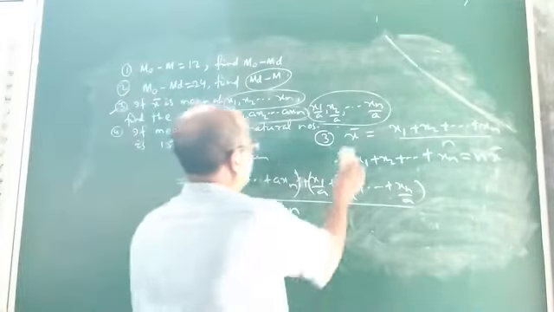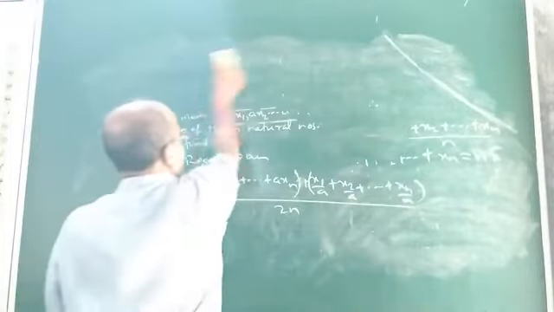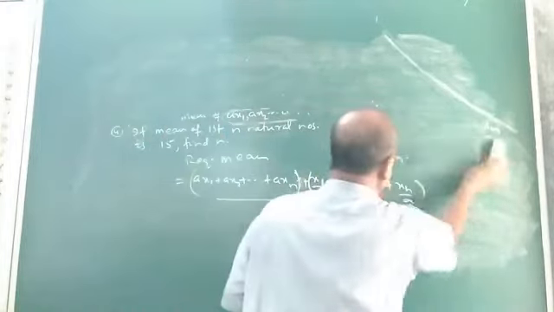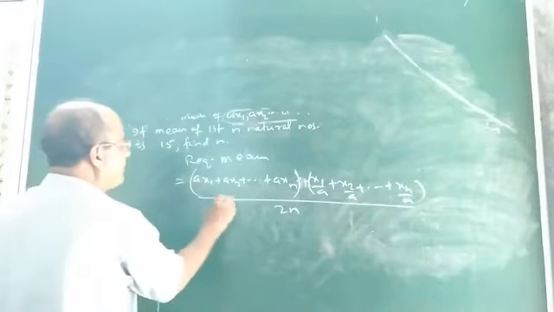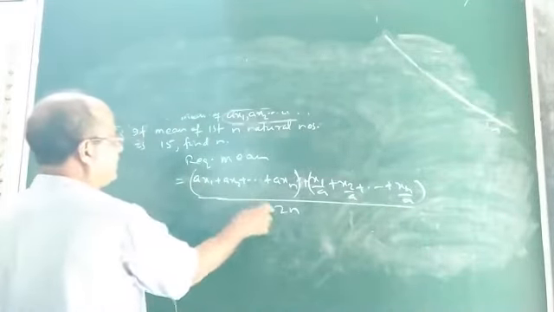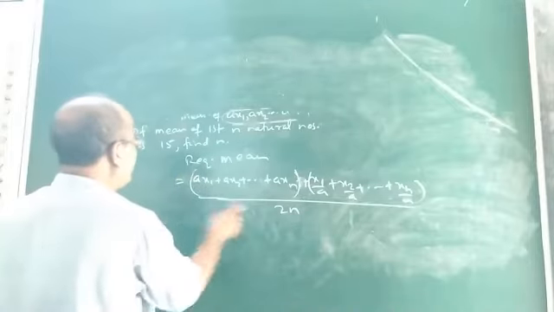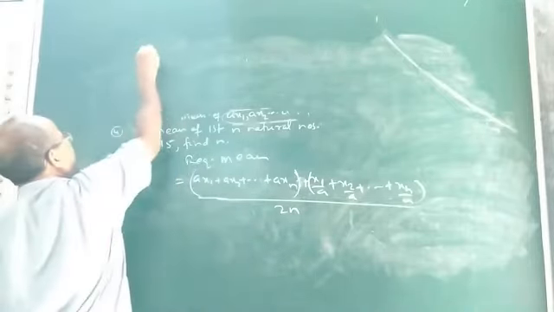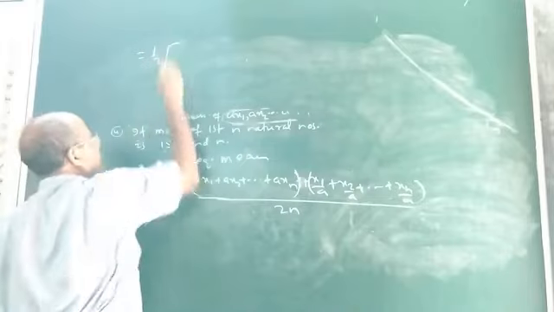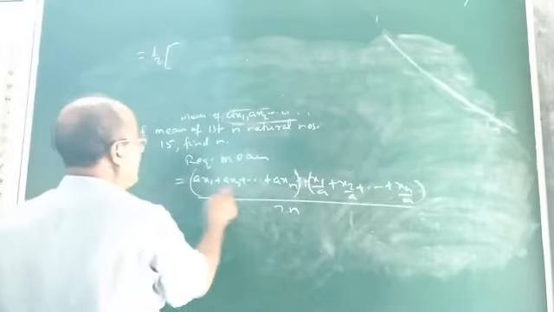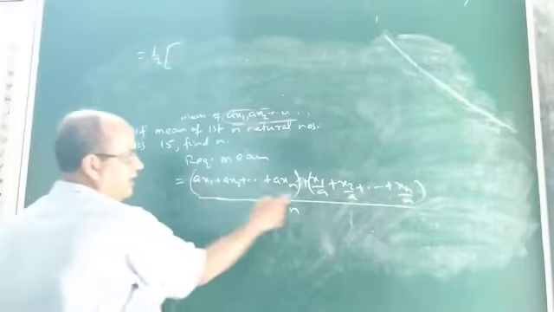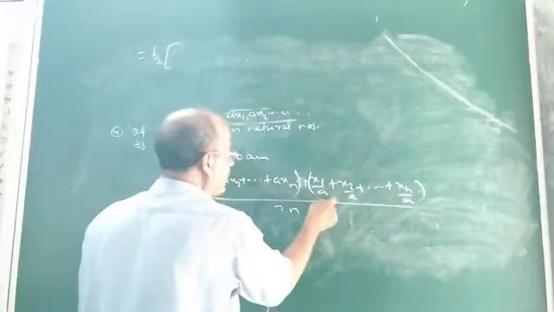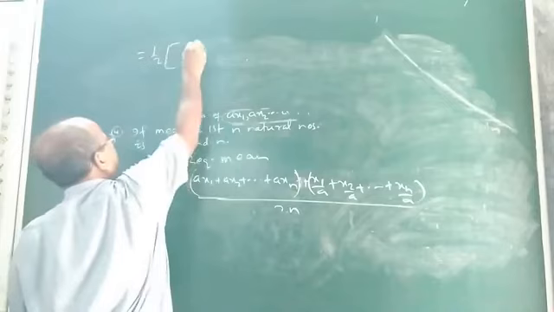Let us see how to simplify this. The simplification is very important. How to simplify this expression? Since it is divided by 2n, let us take 1 by 2 common. In the numerator, from this expression we can take common a, and from this expression we can take common 1 by a.